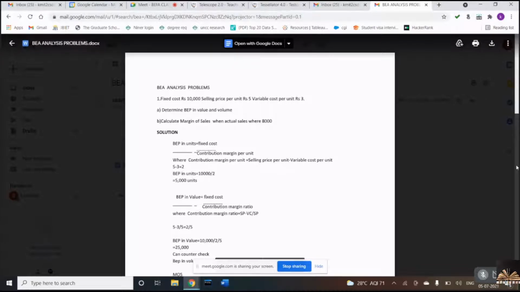Clear, ma'am? Yeah. So here, break-even point in units is equal to, right? Write the formula always so that you will be memorizing it. Fixed cost divided by contribution margin per unit, where contribution margin per unit is equal to selling price per unit minus variable cost per unit, which is given in the question, Anna.